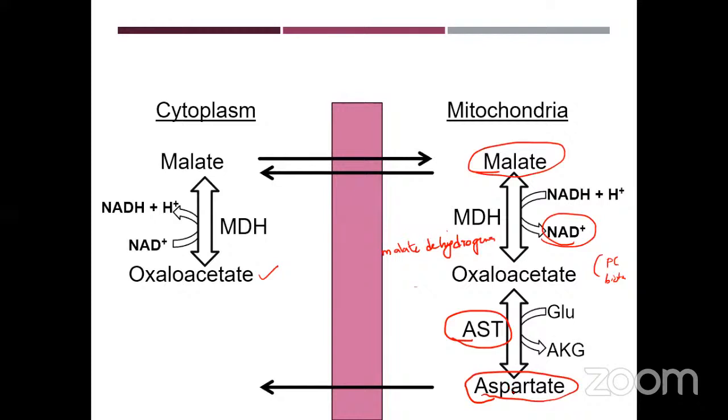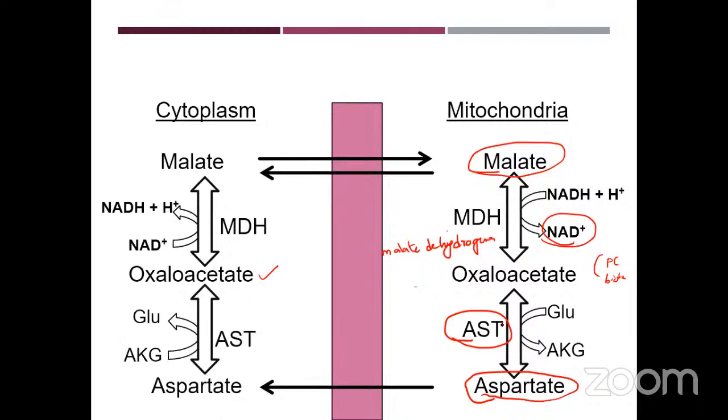So oxaloacetate can be converted to aspartate. The reason is that aspartate is also permeable to the mitochondrial membrane. So aspartate can also reach the cytoplasm, and the reversal of the reaction happens. In this way also, oxaloacetate can be regenerated in the cytoplasm. Clear?